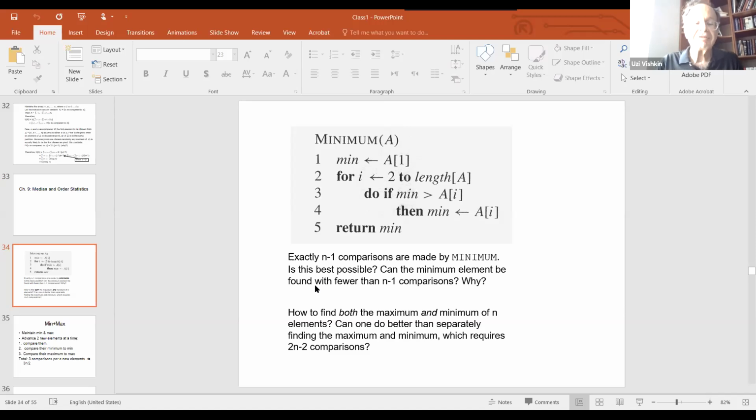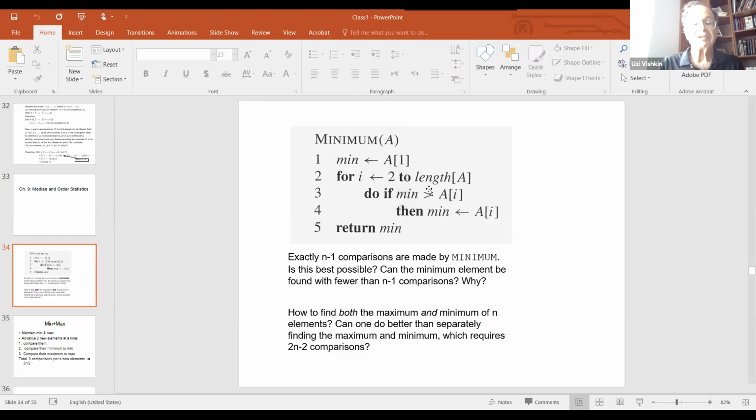You do the following trivial thing. You have an array of size n. You take the first element and declare it as your tentative minimum. And now you keep challenging it. You compare it to the second element. If the second element is smaller, you declare the second element as your tentative minimum.